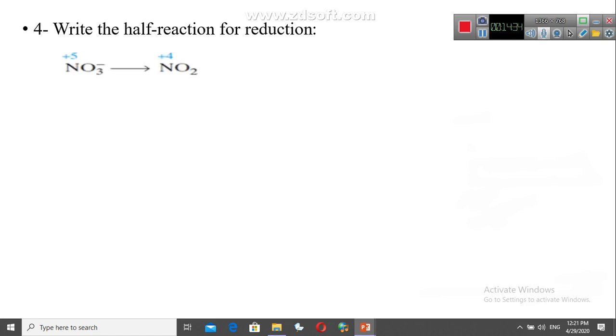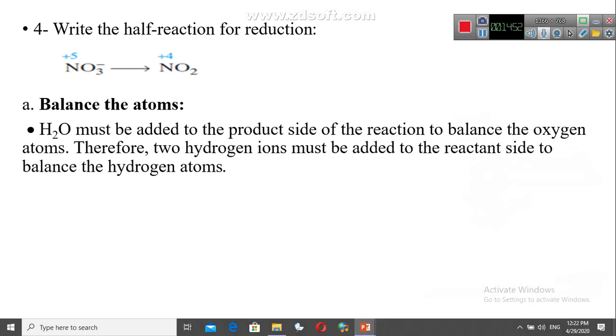Which one is reduced? Nitrogen is reduced. Why? Because the oxidation number goes from positive 5 to positive 4. How do we balance the atoms? Look at the oxygen atoms on both sides. Which one is greater?